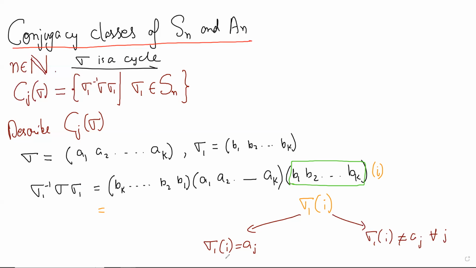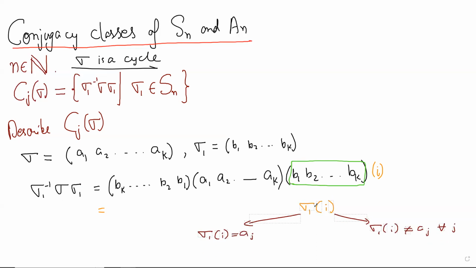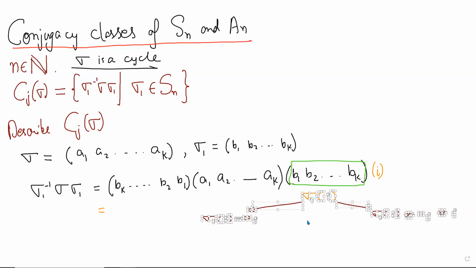Then we get, I'll just make this a bit short. Sigma 1 I is equal to aj. So where will this go? This will go to aj plus 1, right?